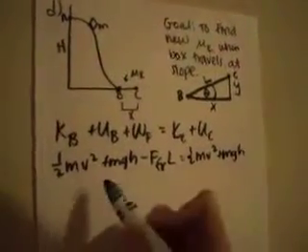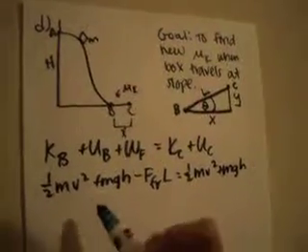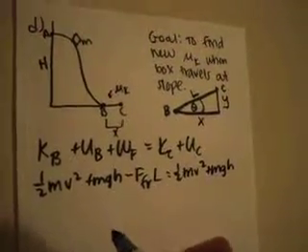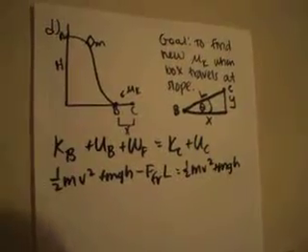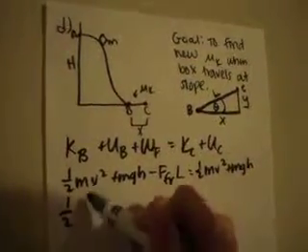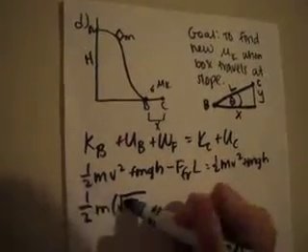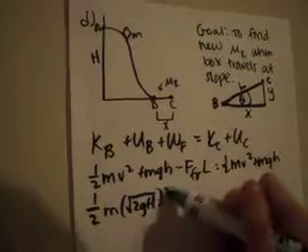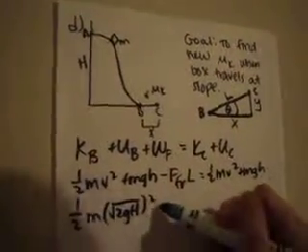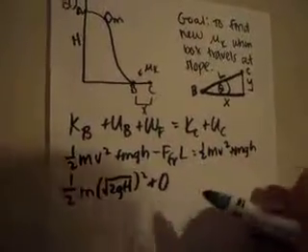And for this velocity at B, we're going to use the same velocity that we found in part B of the problem, because that was the velocity at point B that they wanted us to use. So that's going to be 1/2 m times the square root of 2gh squared. And then at point B, the height is 0, so there's going to be 0 potential energy.